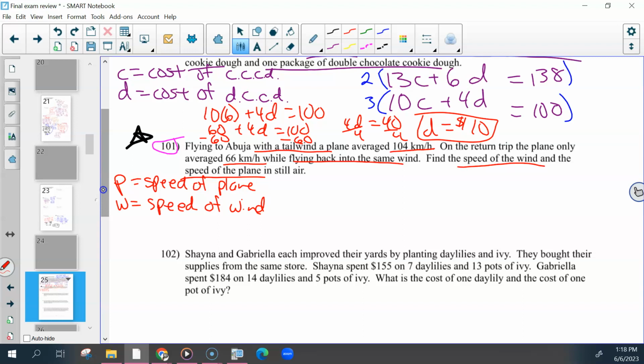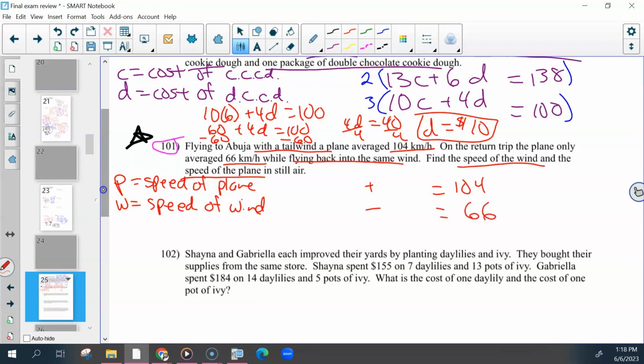In this case, with a tailwind, that means the wind is helping the plane move, it's pushing it forward. So that's going to be a plus. And we know it's going to equal 104. If it's flying back into that same wind, the push it was getting is no longer there, so now it's minus, equals 66.